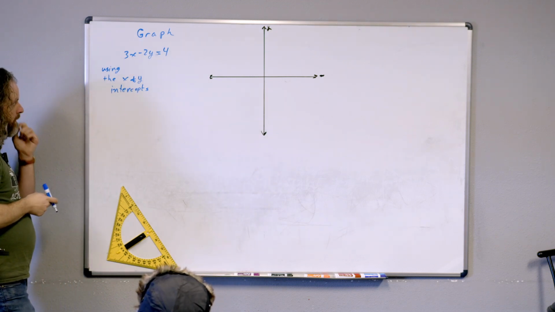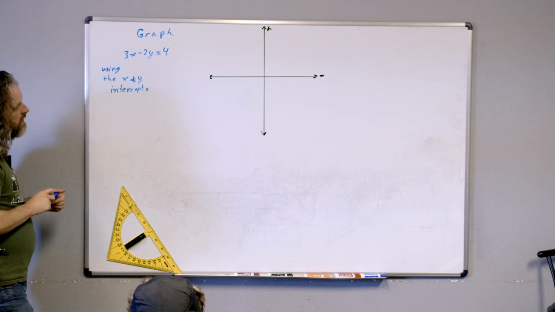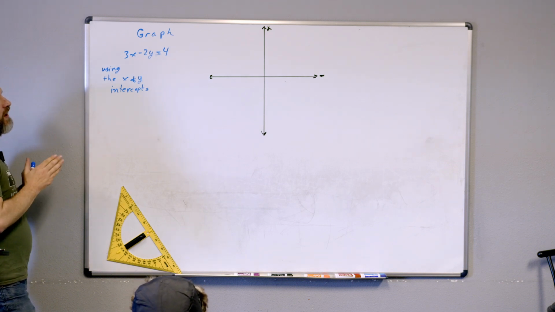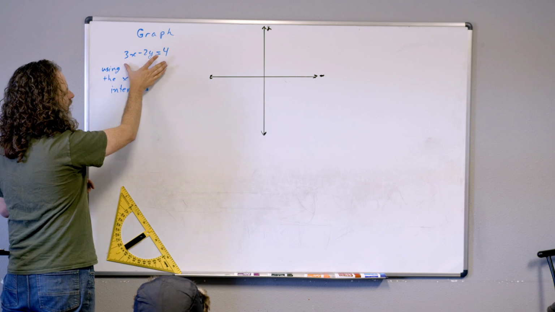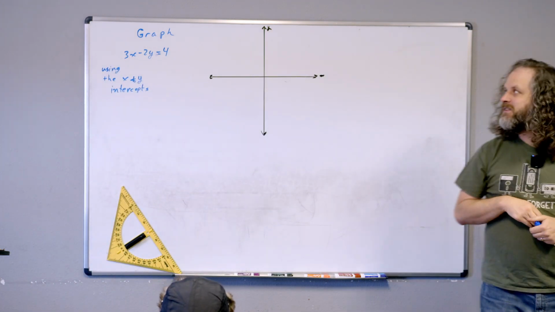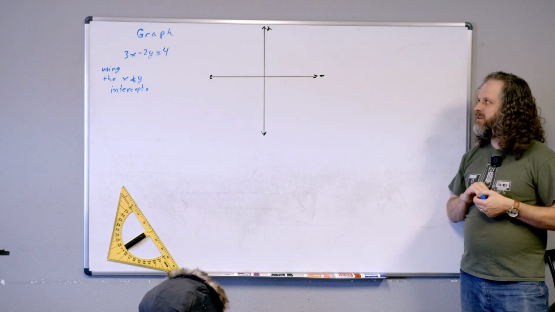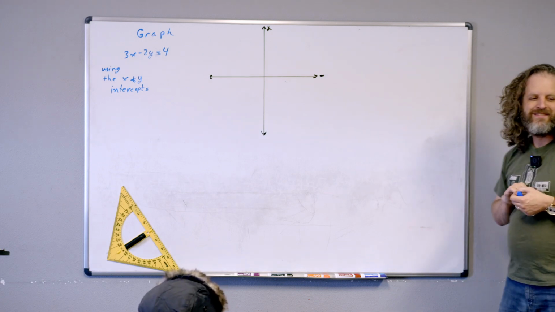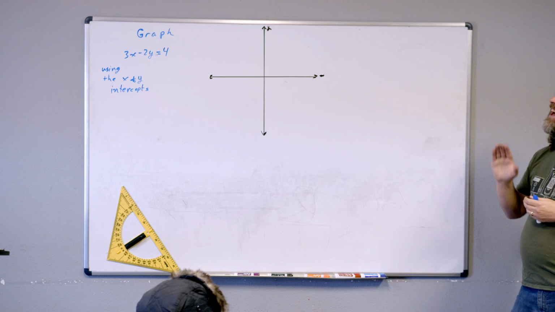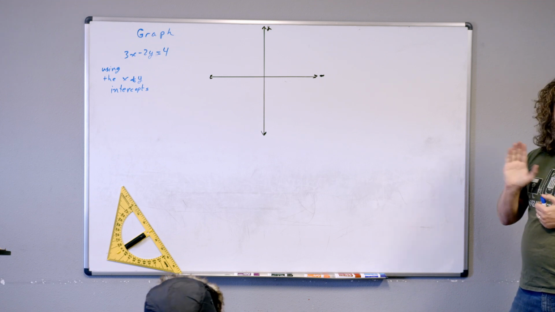Let's talk about what that means. The x-intercept is where this line crosses the x-axis. The y-intercept is where that line crosses the y-axis.